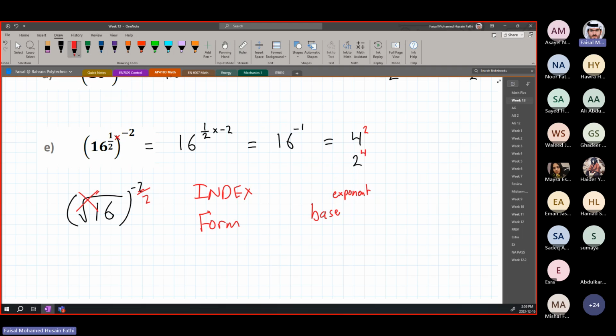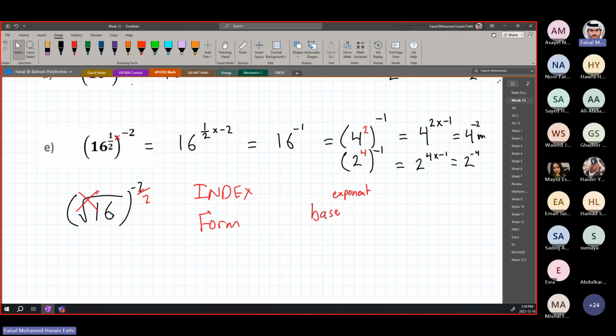So this is obviously to the power times minus 1. Minus 1. So it's equal to either 4 to the power of 2 times minus 1, which is equal to 4 to the power of minus 2, that's it. Or 2 to the power of 4 times minus 1, which is equal to 2 to the power of minus 4, and that's it.